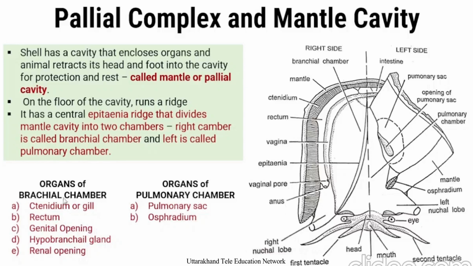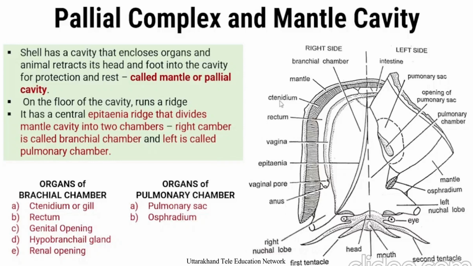And these are the organs of the branchial chamber: ctenidium or gills, rectum, genital opening, hypobranchial gland, and renal opening. And the organs of the pulmonary chamber are the pulmonary sac and osphradium. Now I will take you to the individual organs one by one.